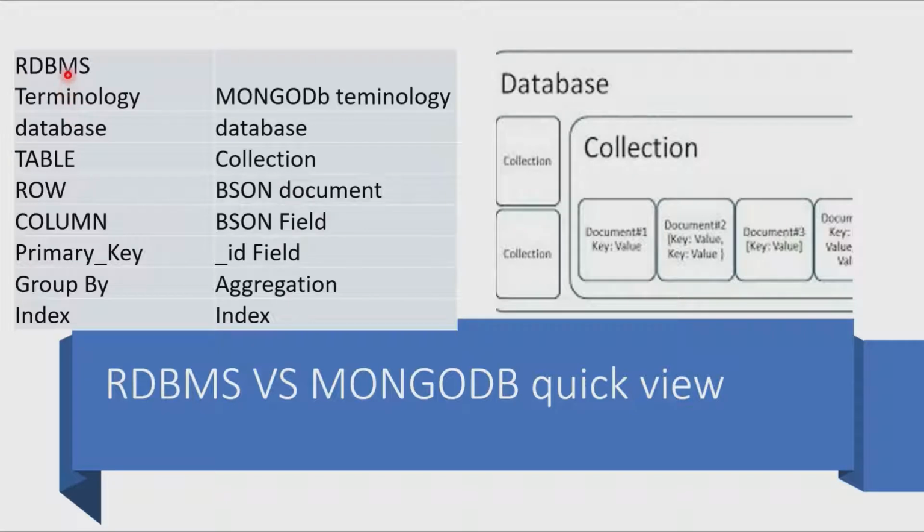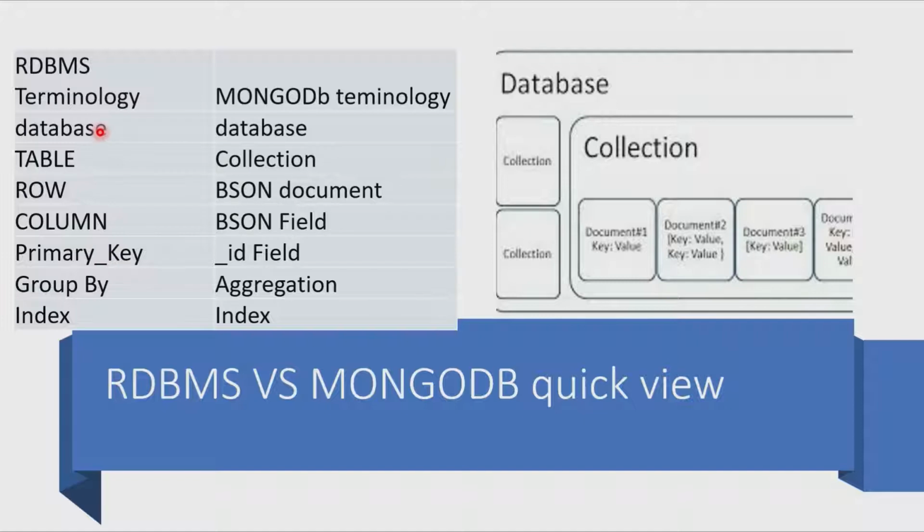In RDBMS, the vertical one is called a column, but in MongoDB it is known as a JSON field. In MongoDB, we have a field called _id, which is a unique value, and the same is known as the primary key in RDBMS.